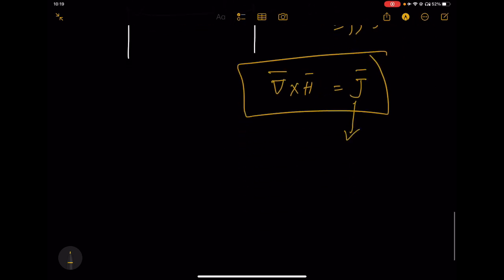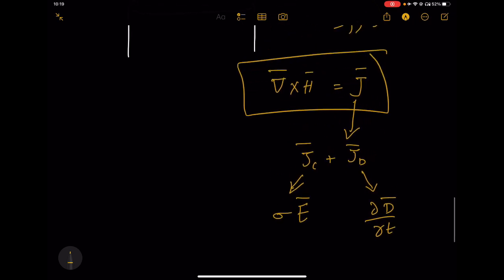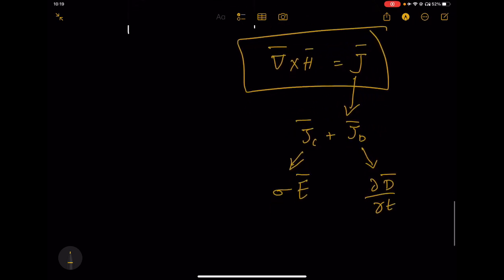Actually, this J was corrected to be Jc plus Jd. Jc is the current through the conductive material, which we call sigma E. Jd is the current through the capacitance or dielectric medium, and we say it is the rate of change of electric flux density. So it goes like this. Anyways, this is the equation for the curl of the magnetic field.